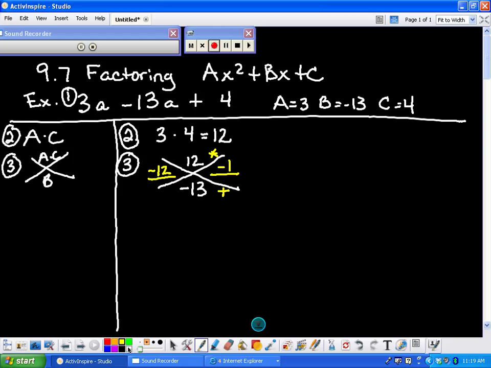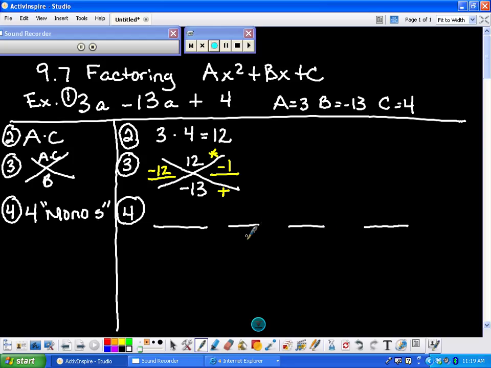So now my fourth step is to break everything up into 4 monomials. I want 1, 2, 3, 4 things written out. From up here, this 3a, which should have been squared, sorry, we bring right down: 3a squared.